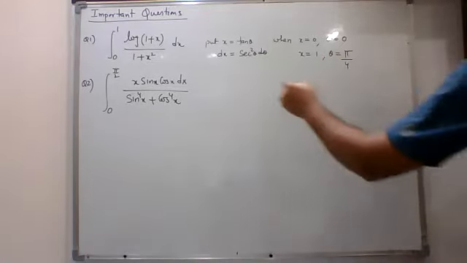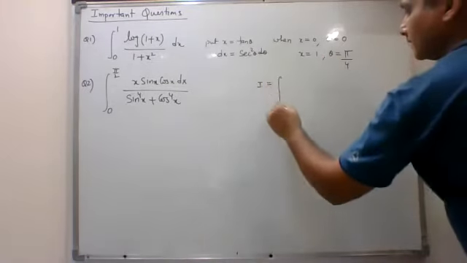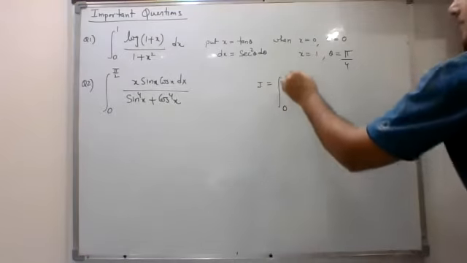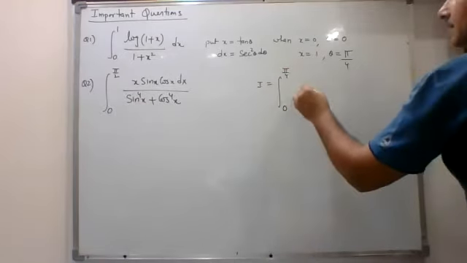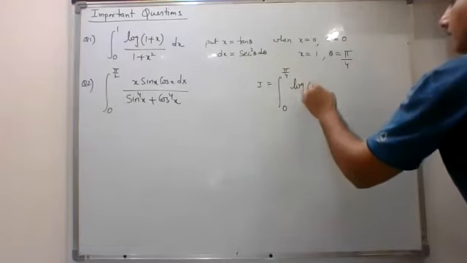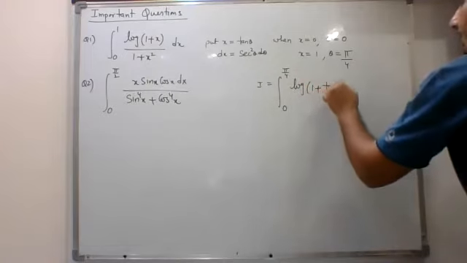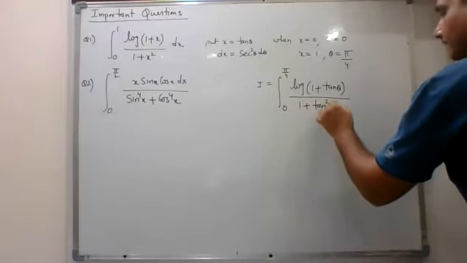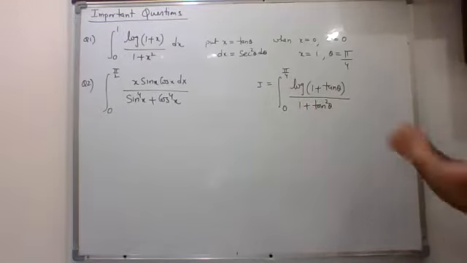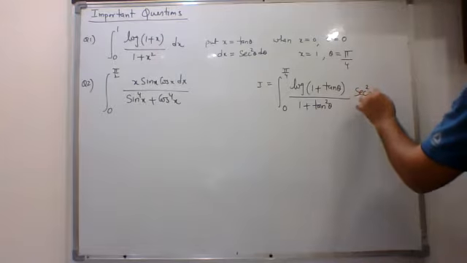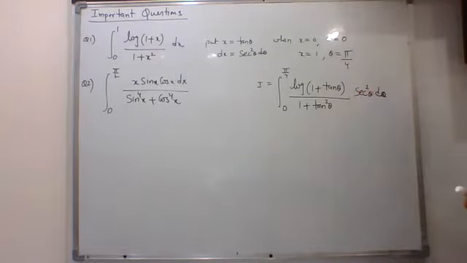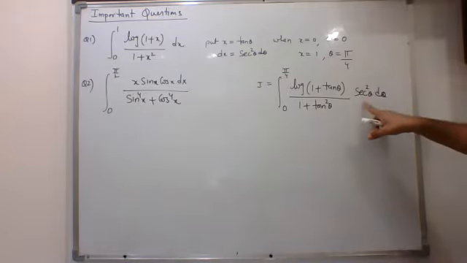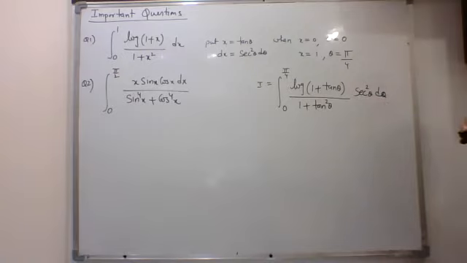Now let us change the integral to this theta form. So it is 0 to 45 log(1 + tan theta) upon 1 + tan square theta, and in place of dx you can write sec square theta d theta.